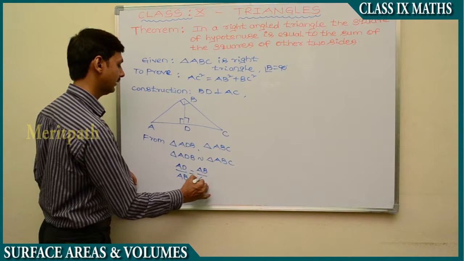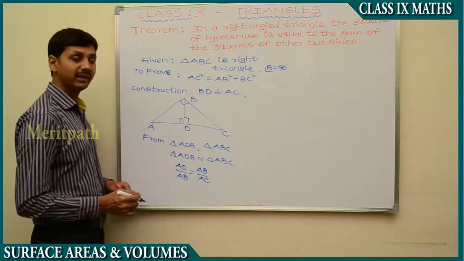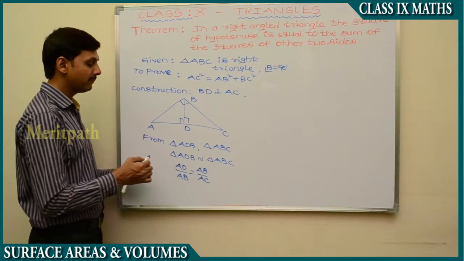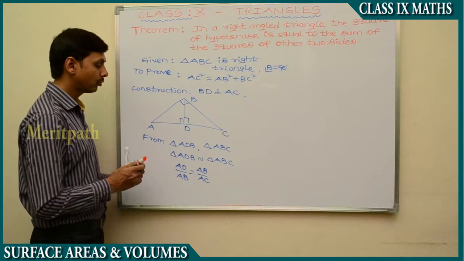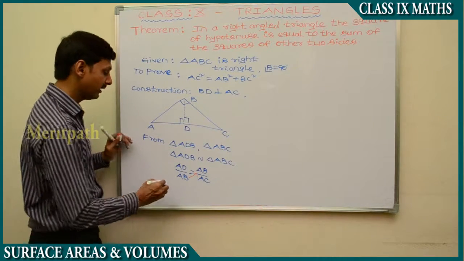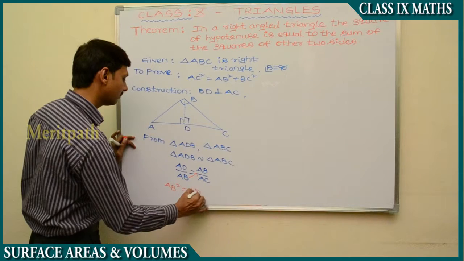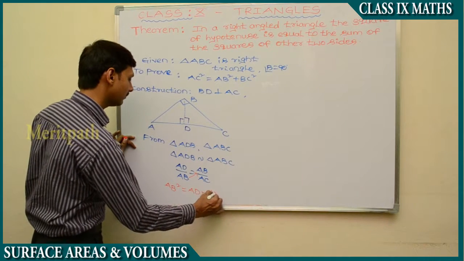In this we can observe AB and AB are common. So let's do the cross multiplication. AB into AB, so we get AB square is equal to AD into AC.